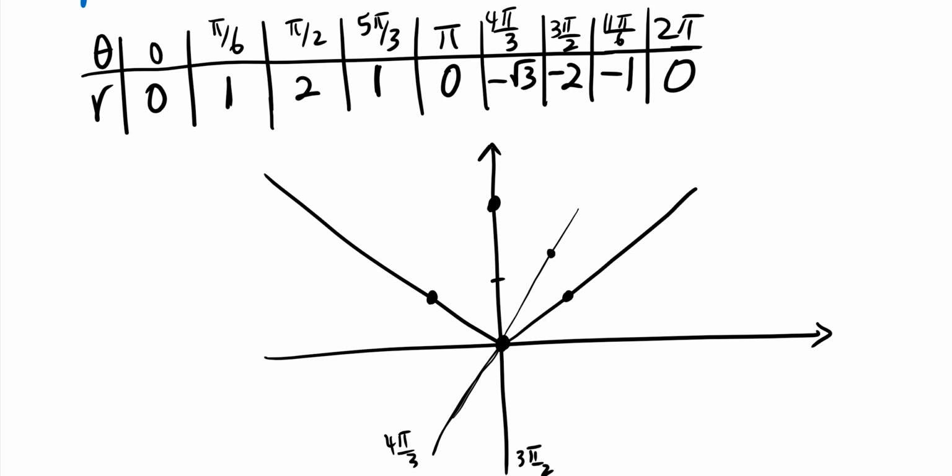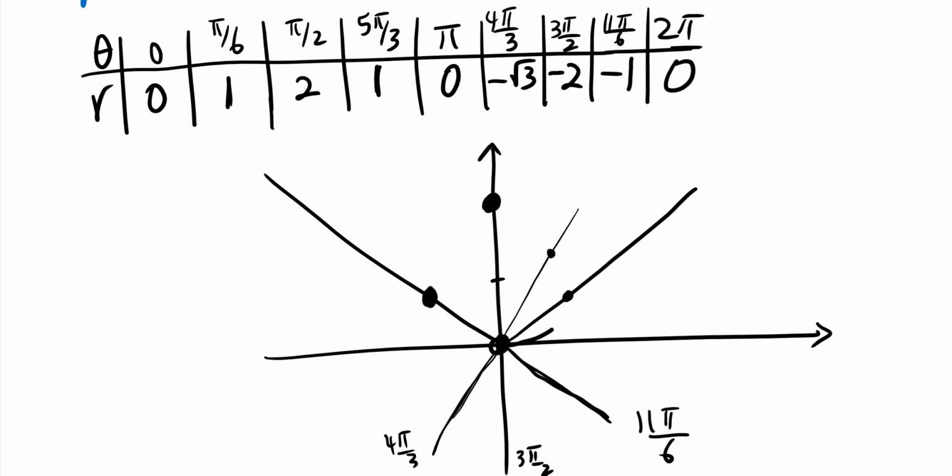We're going to go back to negative 2, so it's going to be here. And the other one, 11 pi over 6 is here, but in the opposite direction, it's going to land here, and 2 pi is 0.